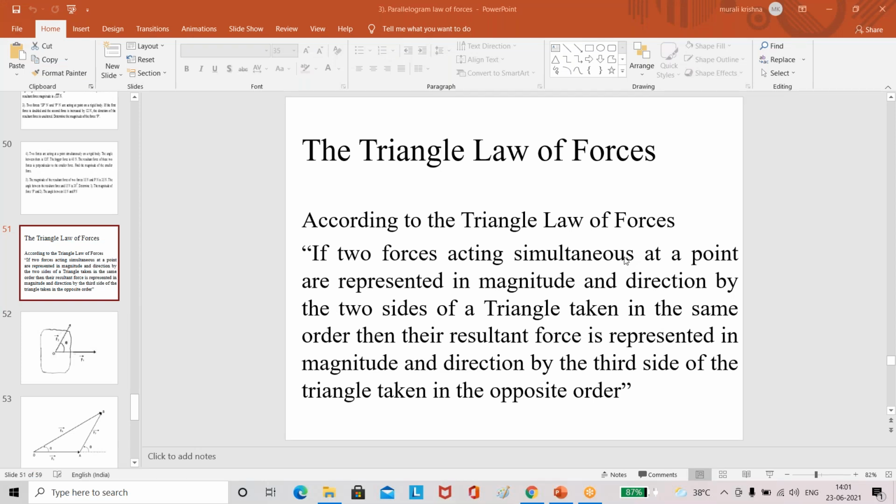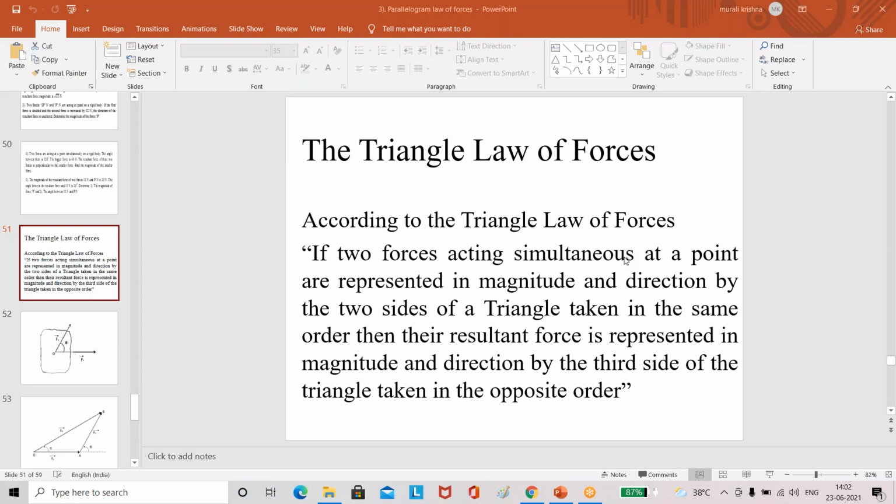In the previous classes, we started the determination of the resultant force of the coplanar concurrent force system. I discussed with you how to determine the resultant force of the coplanar concurrent force system. We have basically two methods.